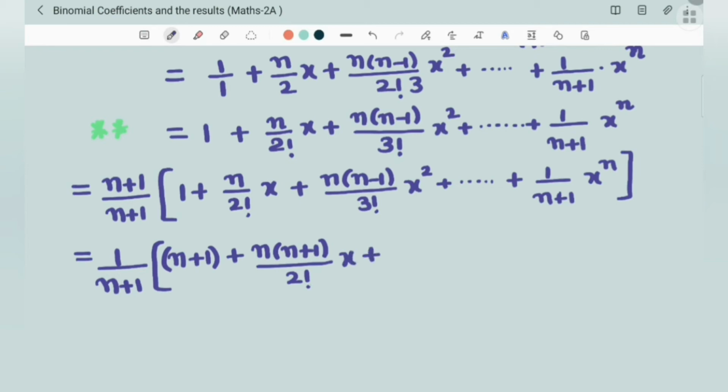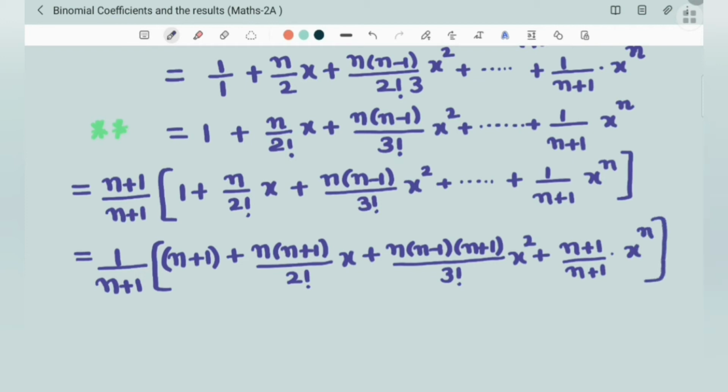If we multiply with the third term, n into n minus 1 into n plus 1 divided by 3 factorial into x square plus n plus 1 divided by n plus 1 into x power n. Slowly, step by step, I am explaining, dear students. I think you are able to understand.